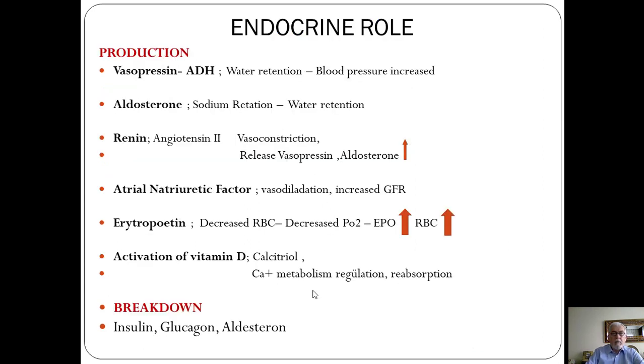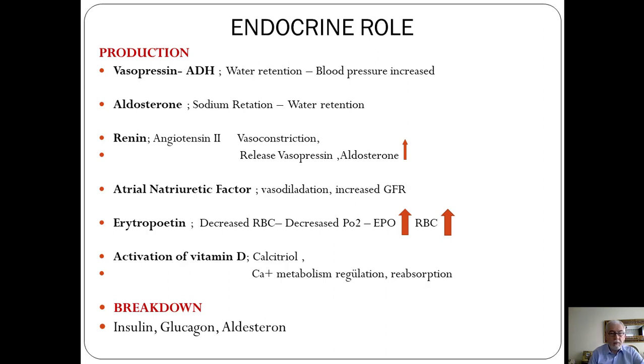We know very well that kidney has an important endocrine role. We can accept that it is an endocrine organ. Looking at this role, the first one is vasopressin, or antidiuretic hormone, which is responsible for water retention. It is an important regulation role for kidneys, and in this case the blood pressure can be increased.